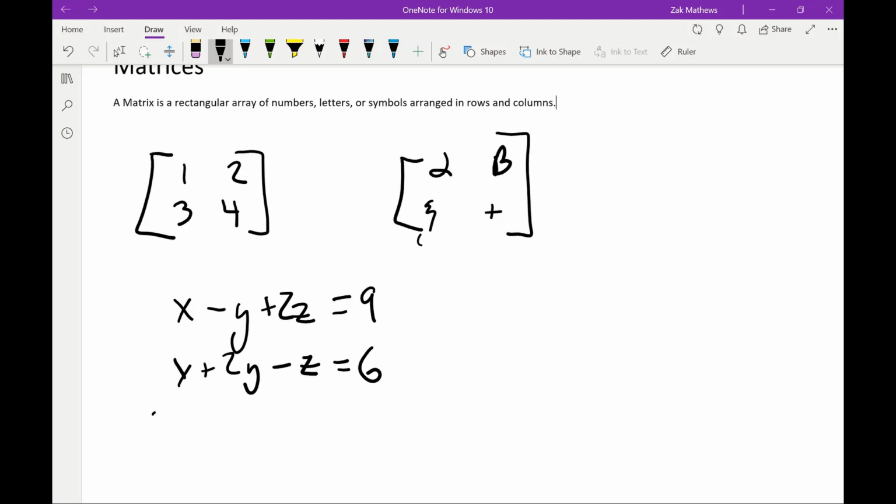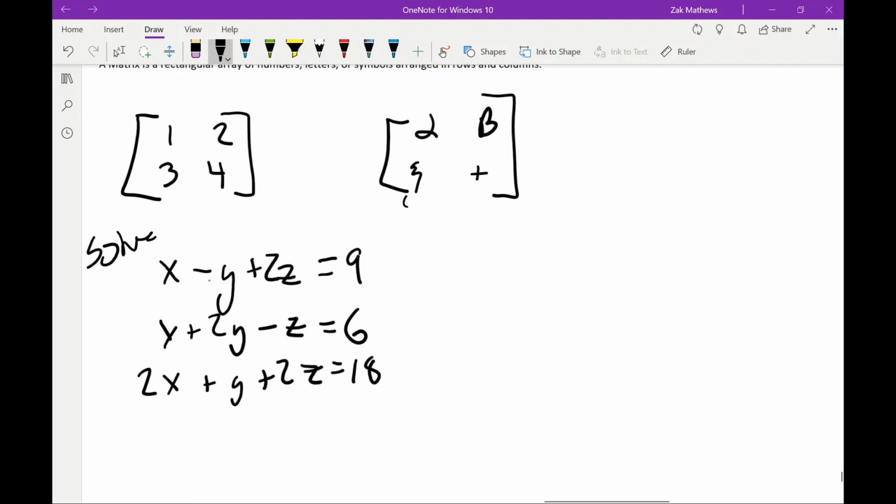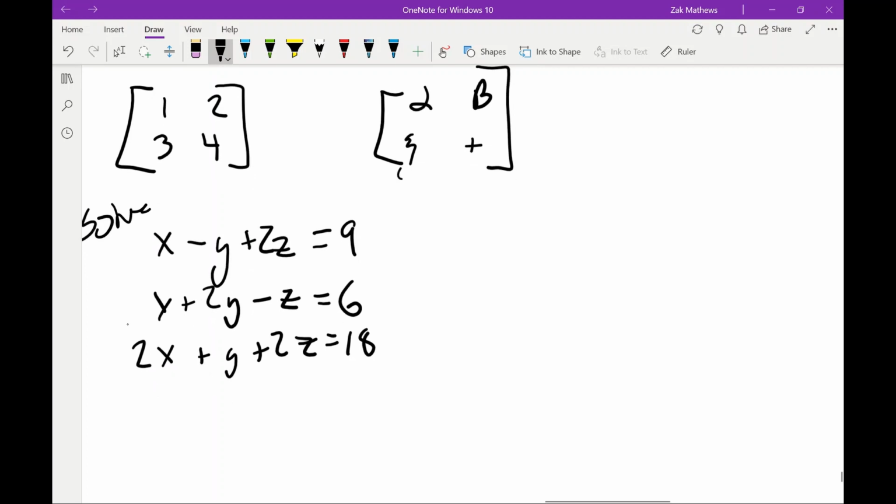And the third equation, 2x plus y plus 2z is equal to 18. Now we're going to be able to use matrices to solve any number of variables. I'm going to start with 3 because that's something we've done before. And 2 just seems a little bit too easy for a matrix. So let's start with 3 variables and we'll build from there.